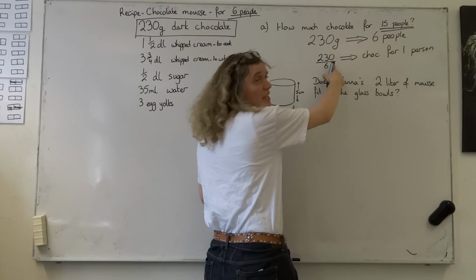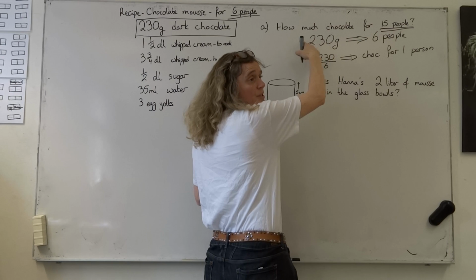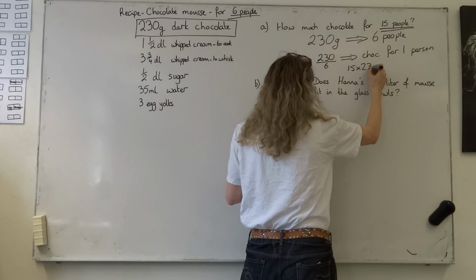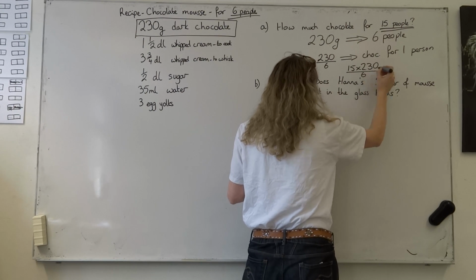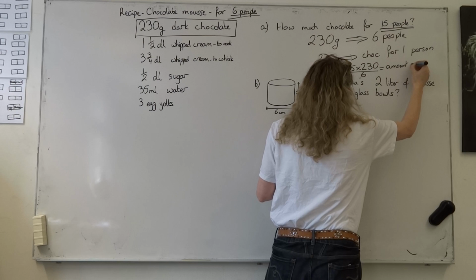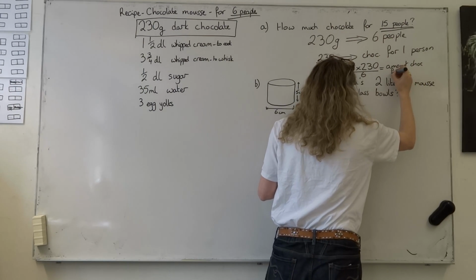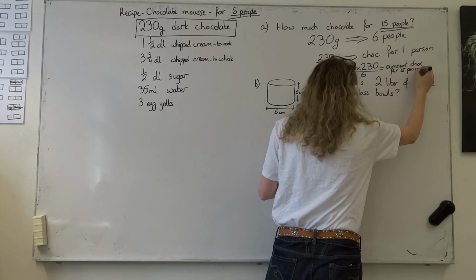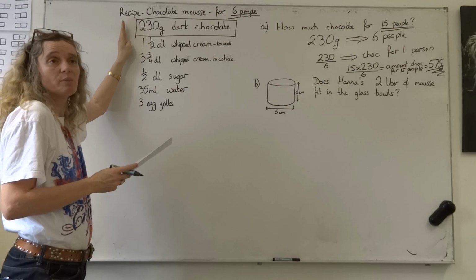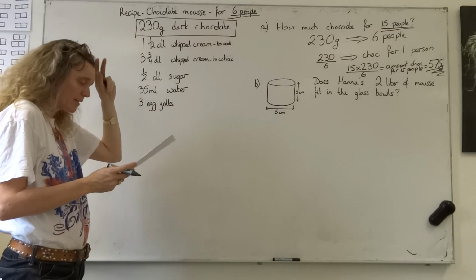And therefore for 15, you're going to take the amount of chocolate for one person and multiply it by 15. So 15 times 230 divided by 6 is the amount of chocolate for 15 people. And it's going to be in grams. 575 grams if you want to make this recipe for 15 people, that's the amount of chocolate you'll need.